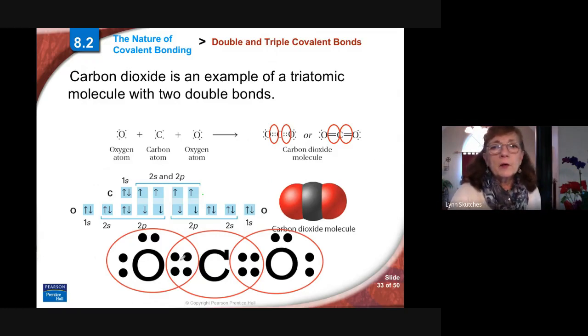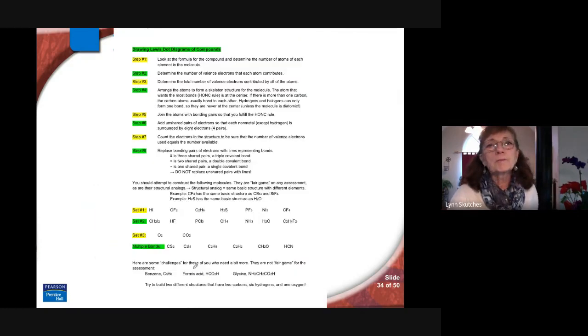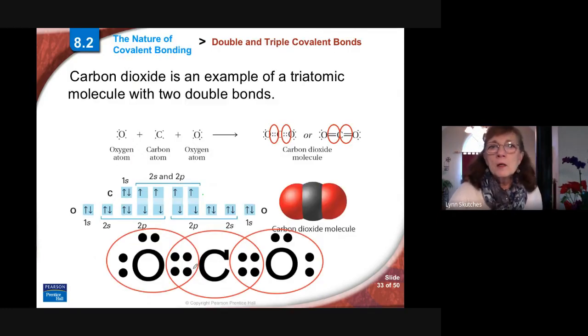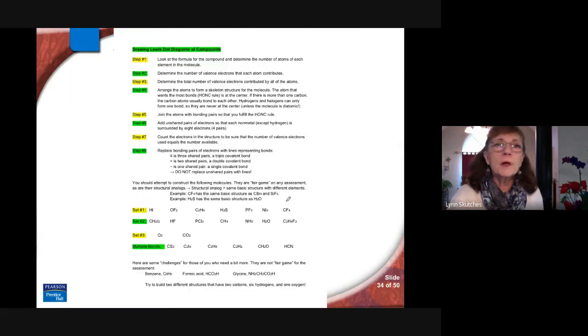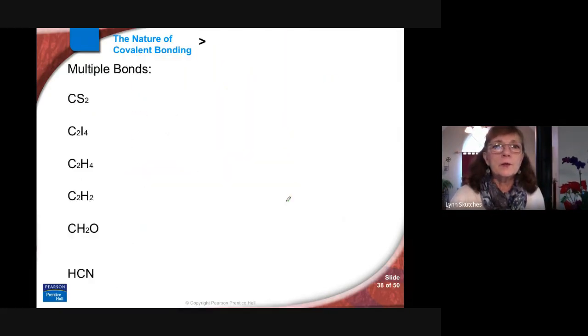But there are 4 electrons total, 2 pairs, so that makes a double bond. And in molecular models, carbon is usually black, like charcoal, and oxygen is red. Side note, which is not that important.